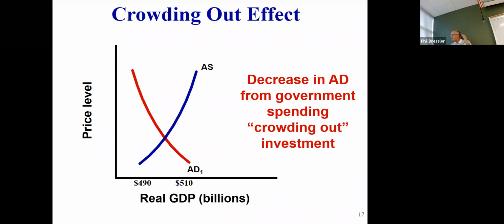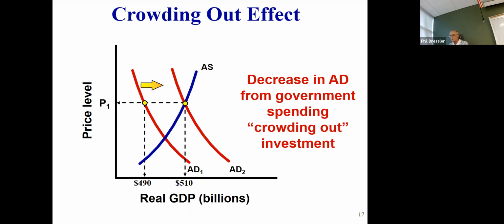All right, crowding out. Again, another question that's usually always on the final, always on the AP exam. Nation doesn't usually do that well. So government spends and aggregate demand goes right. Where does government get the money? They borrow it in the loanable funds market. So demand for loanable funds increases, interest rates go up.